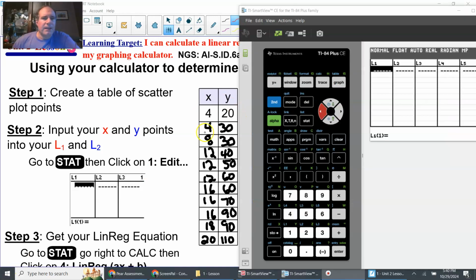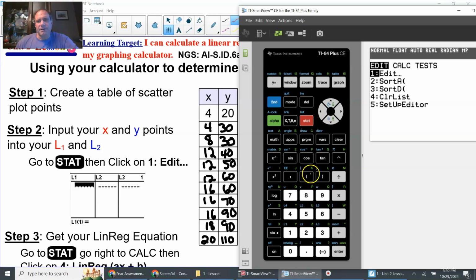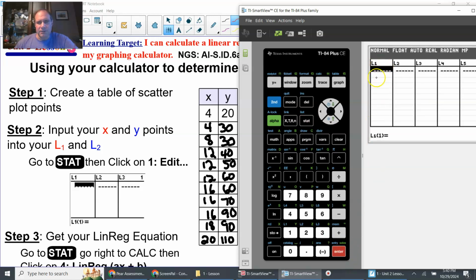So here we go, and we're going to put in all of these numbers. Remember, you just have to press stat, and once you're on edit, you press enter, and then you're going to go to L1 and L2. The X is going to be your L1, and your Y is going to be your L2.